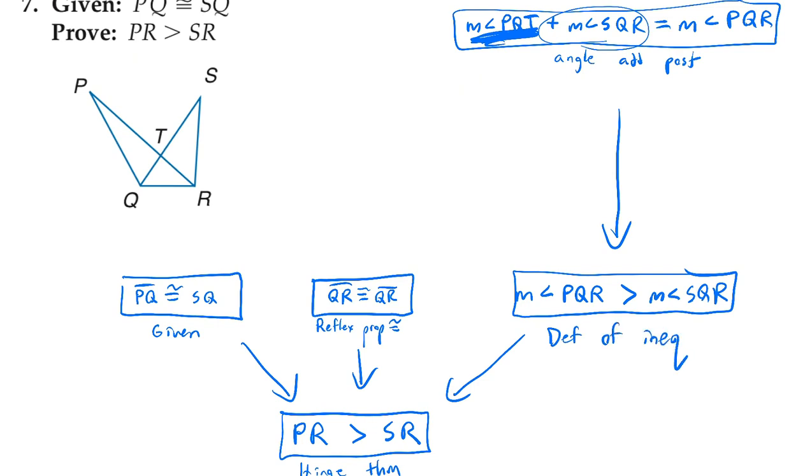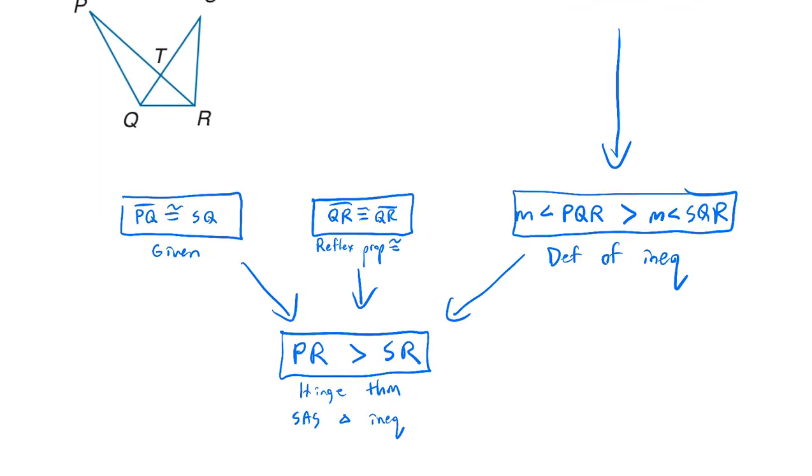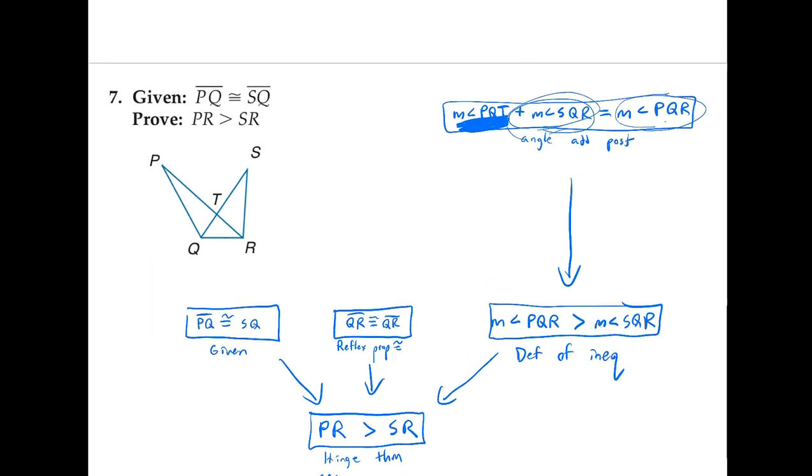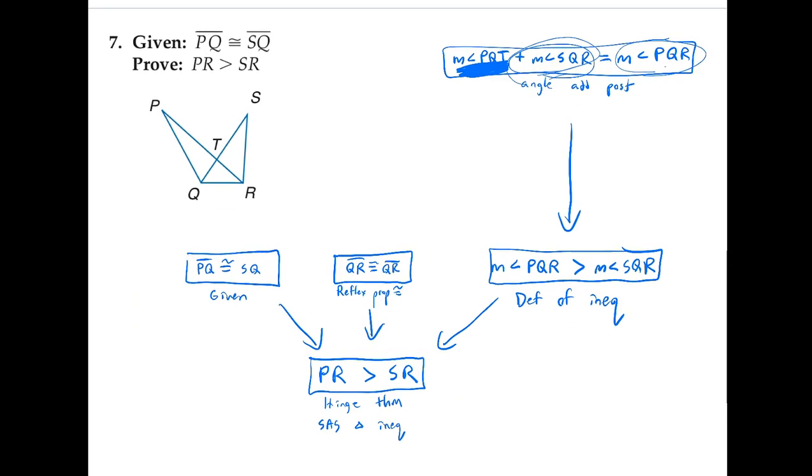I won't repeat myself, just remind you of it. If you have a number and you add a non-zero positive number to it to get a bigger number, then by the very definition of inequality, the bigger number is bigger than the smaller number. That's it, okay? And once we have that, then we have the Hinge theorem proving that. So other than the given, we only added 1, 2, 3, 4 little steps there.